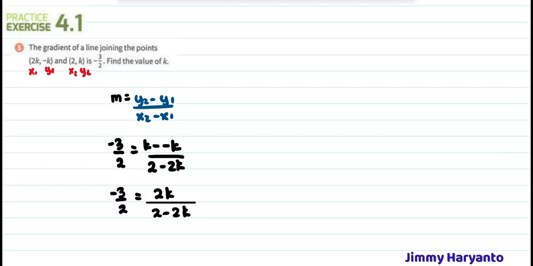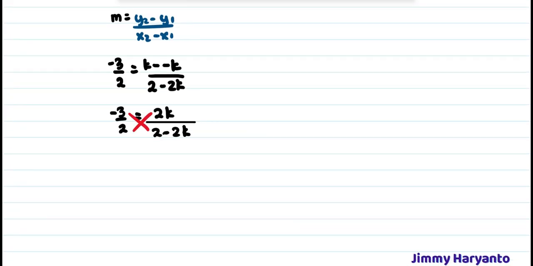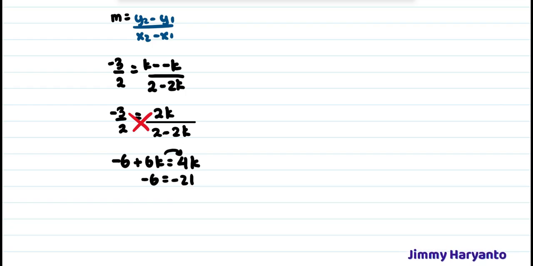Then do the cross multiplication. You'll have negative 6 and negative 3 times negative 2k is plus 6k. This one is 4k. Then you move the 6k to the right-hand side. You'll have 4 minus 6 equals negative 2, k equals 2. Move the negative 2, you will have negative 6 divided by negative 2 equals 3. So k equals 3.